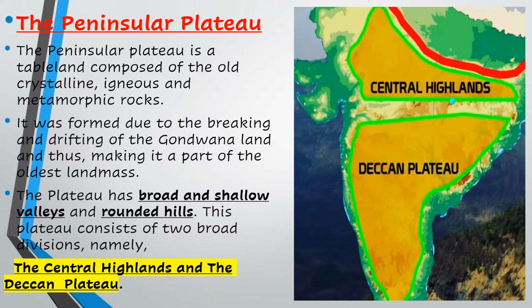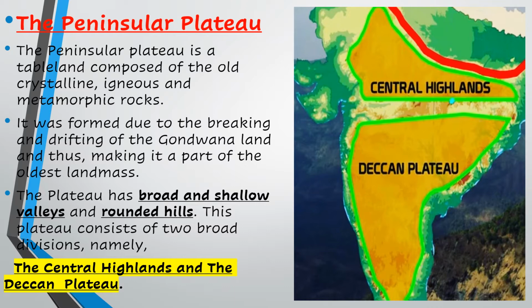So starting with the Peninsular Plateau, children. The Peninsular Plateau is a table land. I told you the structure, right? It is a table land consisting of old crystalline, igneous and metamorphic rocks. So you can see the composition of old crystalline, igneous and the metamorphic rocks.